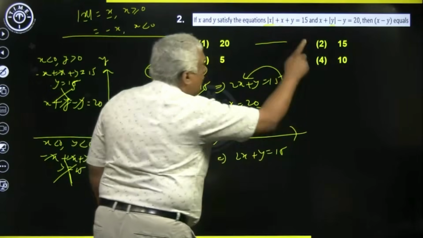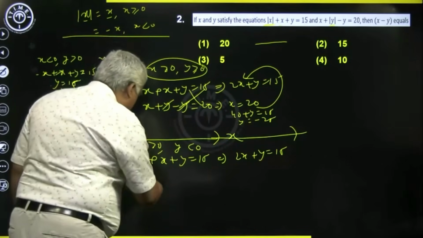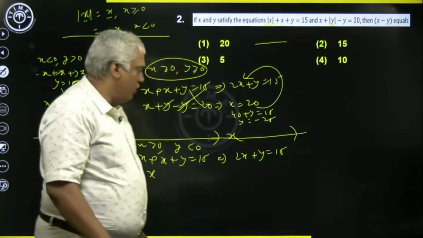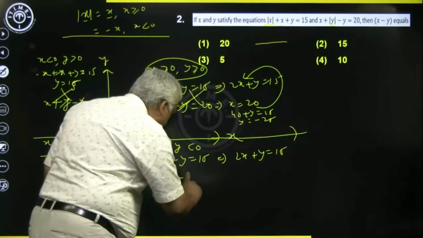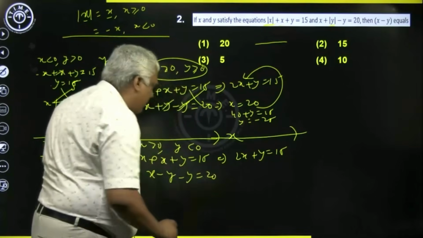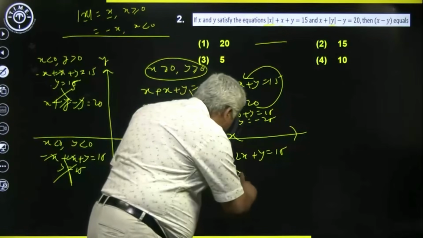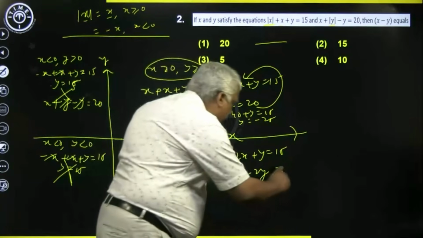Now, let us check the second one, x + |y|. Y is negative, so |y| will be -y, again minus y equals 20. So here we got x - 2y = 20.